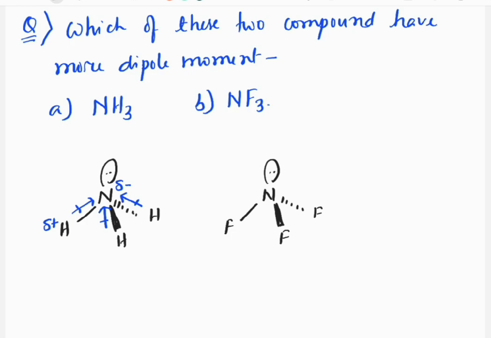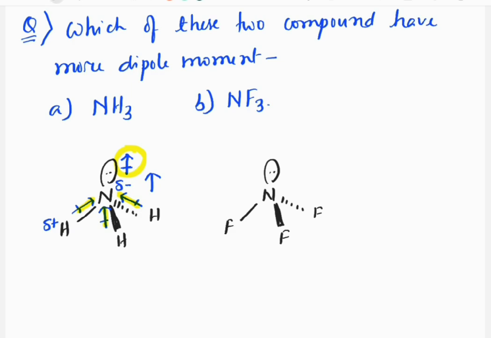So this is acting from hydrogen towards nitrogen, and the bond moment due to the lone pair of electrons is acting upward, that is away from the nitrogen. So the resultant of these three vectors will be acting upward, and the moment due to the lone pair of electrons is also acting upward.